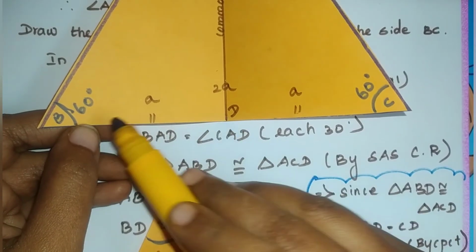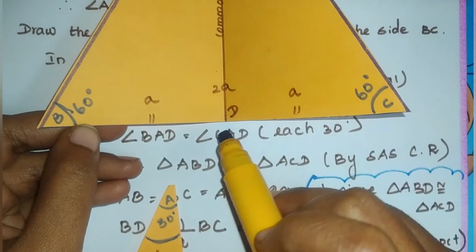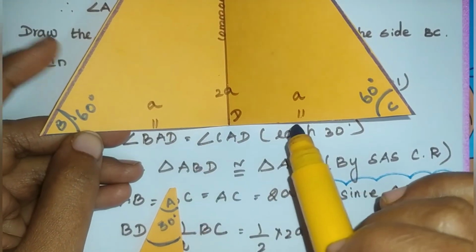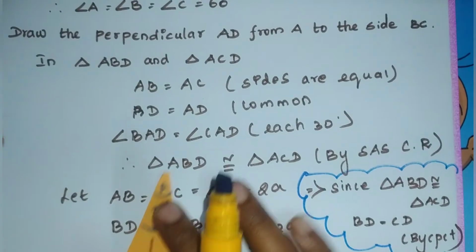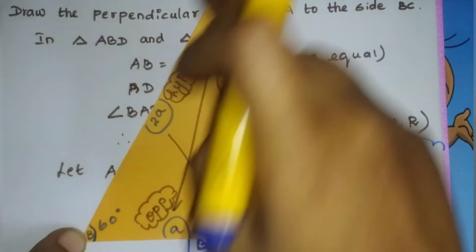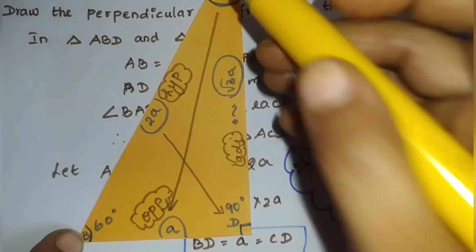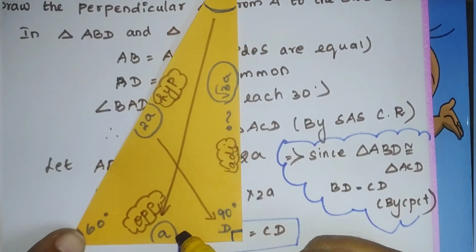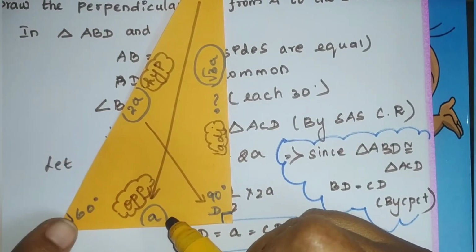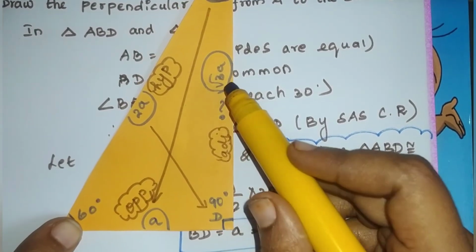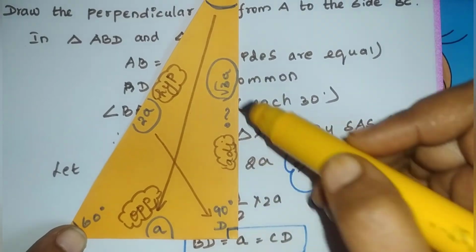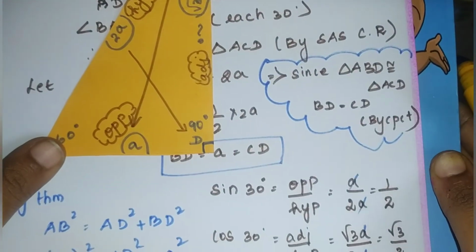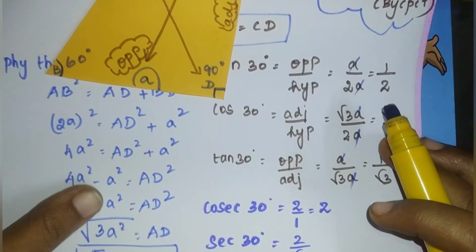D will be the midpoint, so BD and CD will be equal. The whole side is 2A, so this side will be A and this side will be A. I have chosen one particular triangle, ADB, where this side is 2A and this one is A, and we find this adjacent side AD by using the Pythagoras theorem, and we can apply it in the trigonometric ratio formulas.